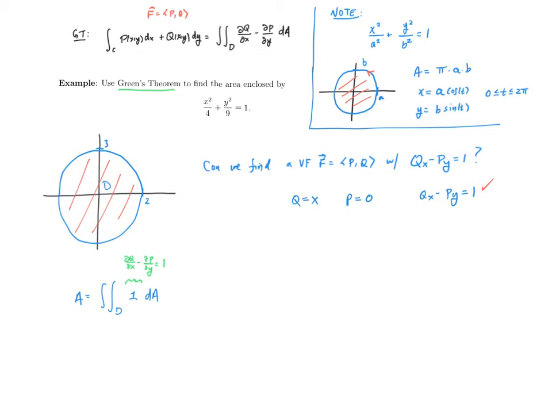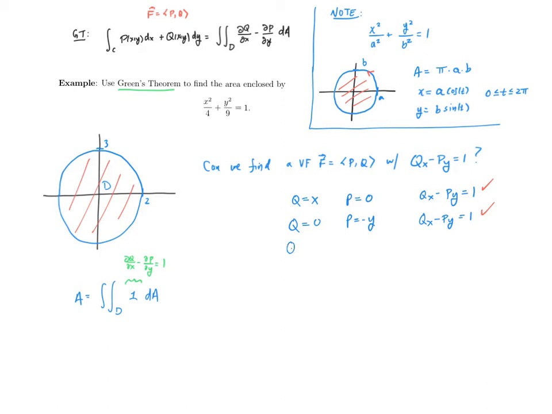Similarly, we could choose q so that qx is 0, and choose p so that py is minus 1. Then qx minus py is 0 minus a minus, or a positive 1. So you can see rather quickly that there are going to be many vector fields that work.